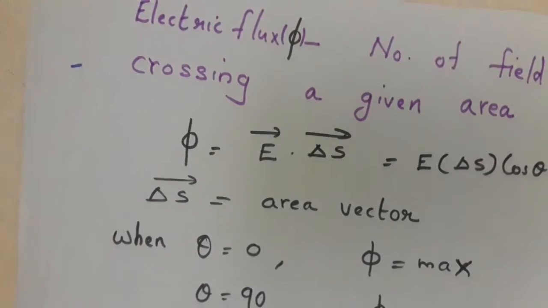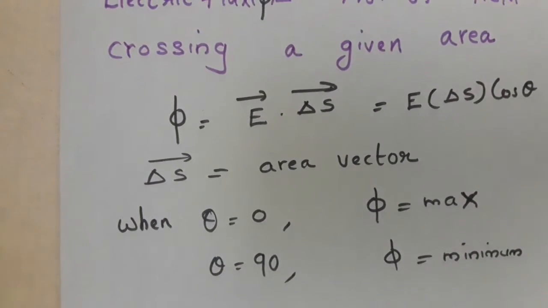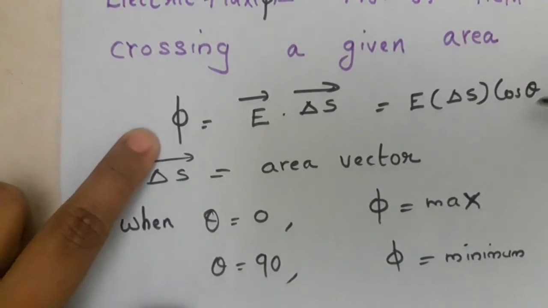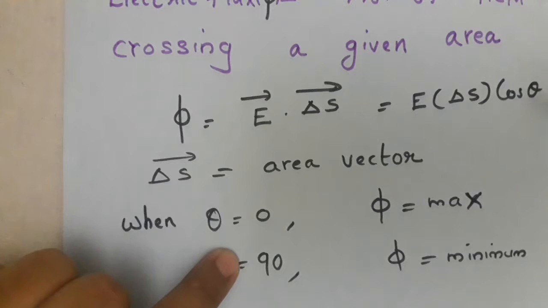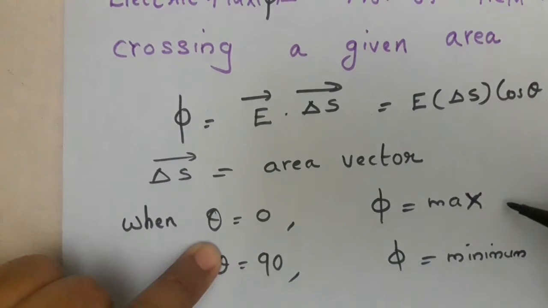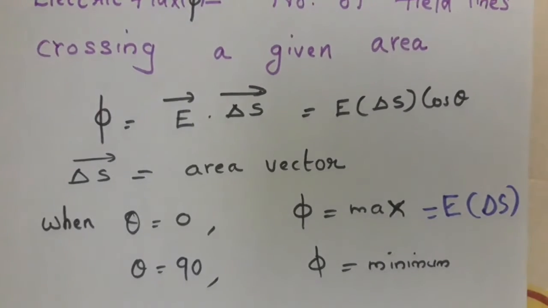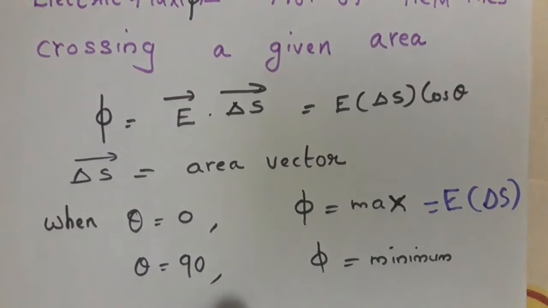Now we should know what will happen to flux when the angle changes. Definitely, because E delta S cos theta is flux. When theta is 0, cos 0 is 1, and the flux will be E delta S, which is maximum. When theta is 90 degrees, cos 90 is 0, so flux is minimum.